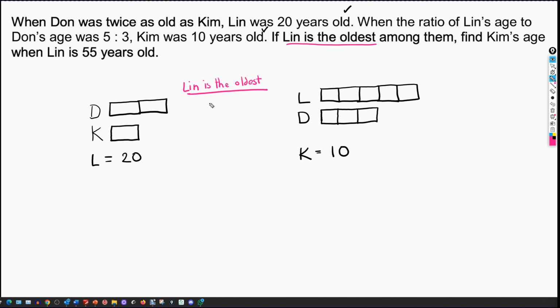Right. Okay. What can we figure out? So we started here. What do we know? Well, we know that Don is twice as old as Kim. We know that Lin here is 20, and we also know that Lin is the oldest. The other thing that I said is that we were going to assume that everyone's age was a whole number, that nobody was sort of 7 3/4 or anything like that.